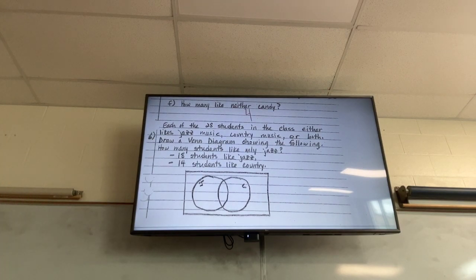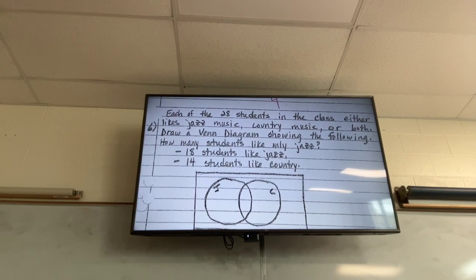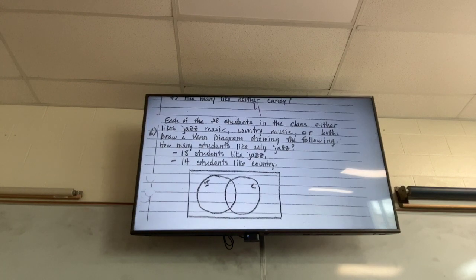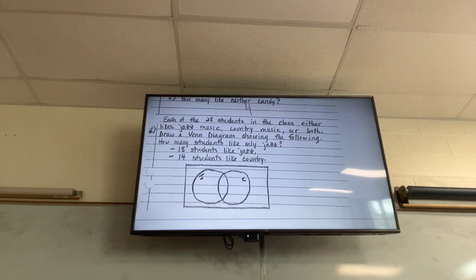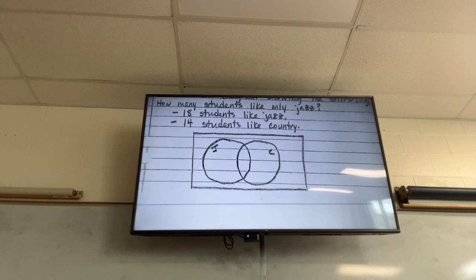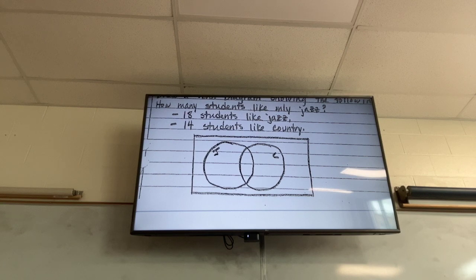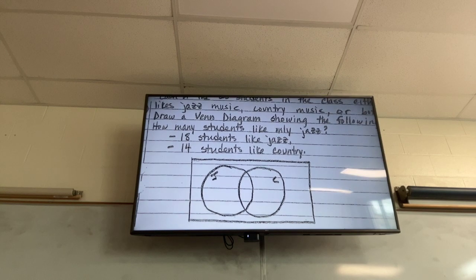Each of the 28 students in the class either likes jazz music, country music, or both. Draw a Venn diagram showing the following. How many students like only jazz? 18 students like jazz, 14 like country.